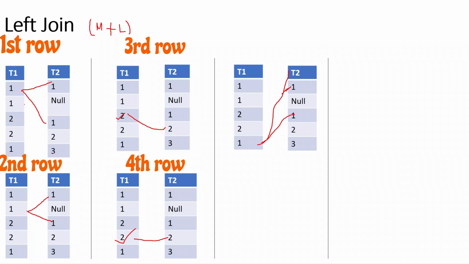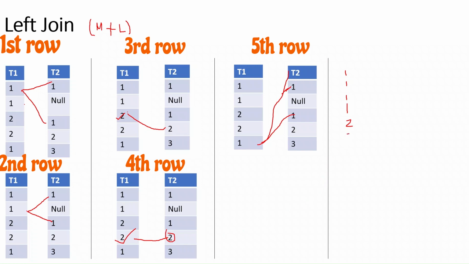Now see what the output is. Now write the matched records: 1, here 1. Then the second row matched with 2 rows in the second table, take that 1 1. Next is the third row. The third row is 2, matched with only 1 row in the second table, take the 2 from here.